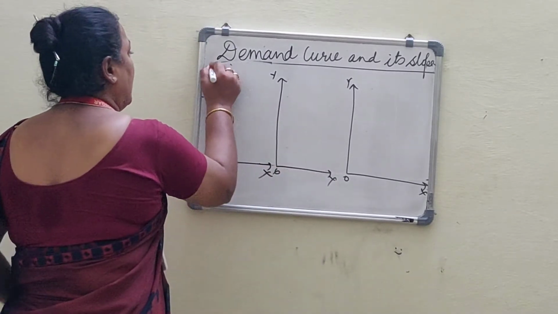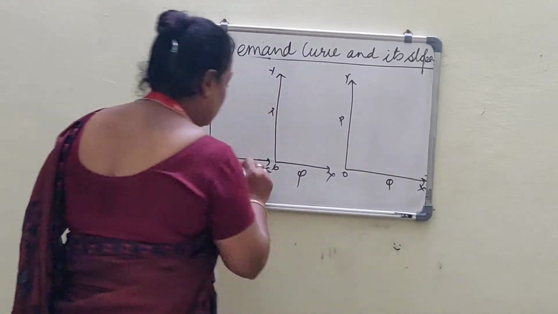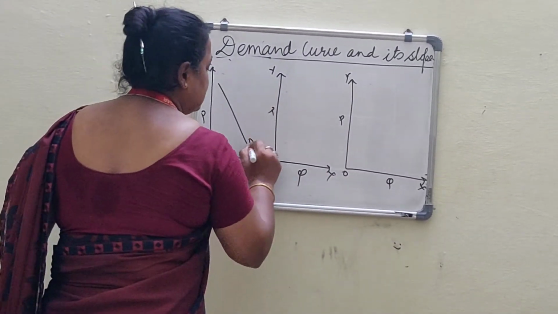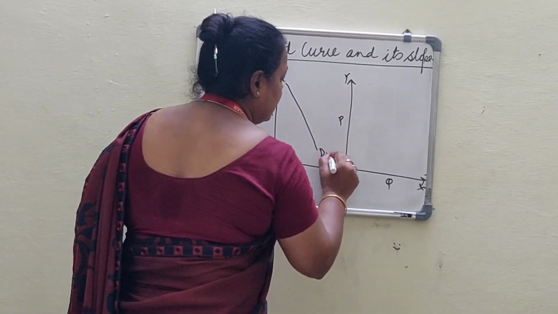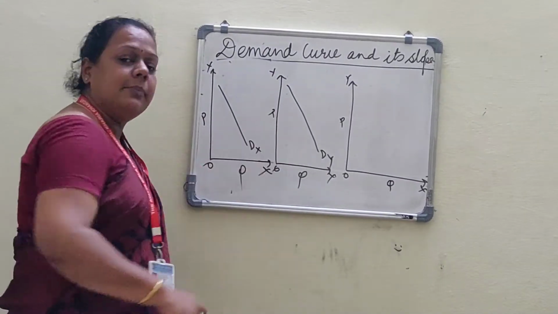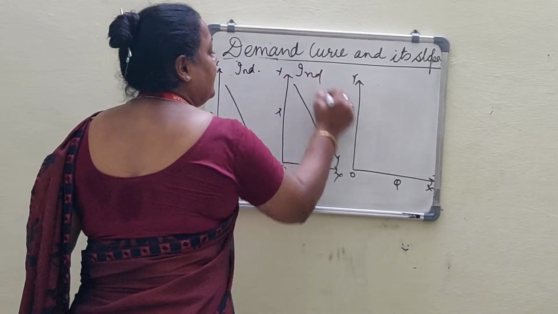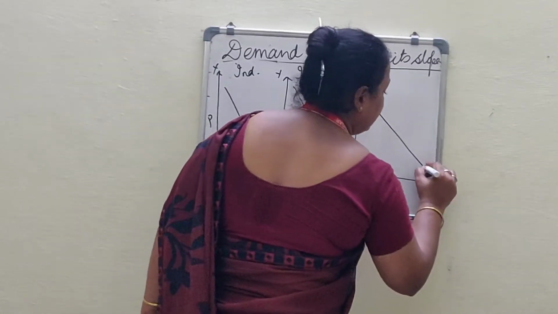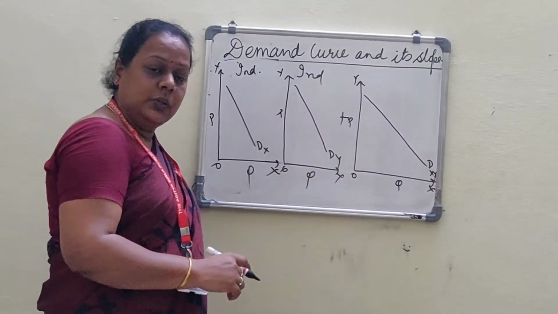See, X and Y. Over here price is being taken and here quantity is being taken. Now, we have taken the demand curve of commodity X for one person and the demand curve of commodity Y for another person. These 2 are called individual demand curves, and when we add up both these demand curves, we get a flatter demand curve made by X and Y both.